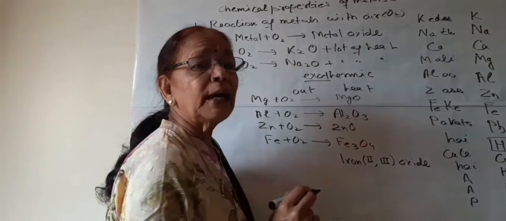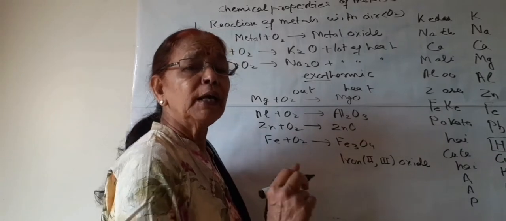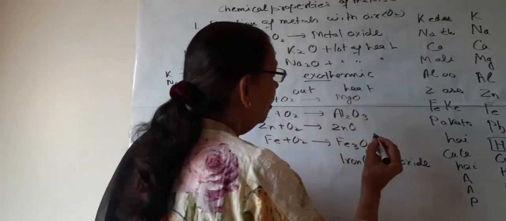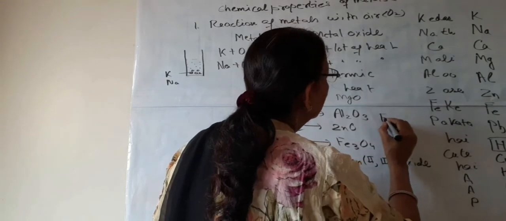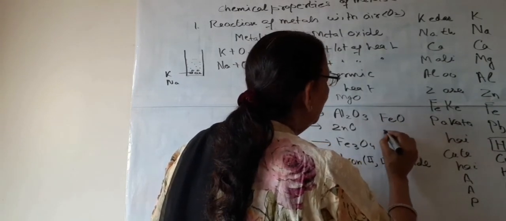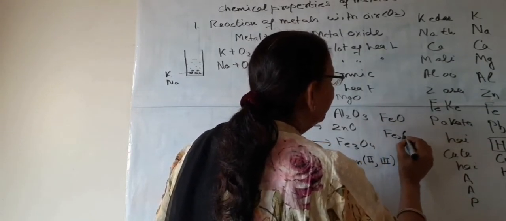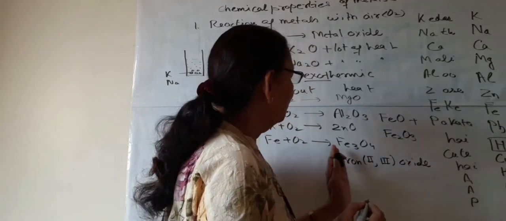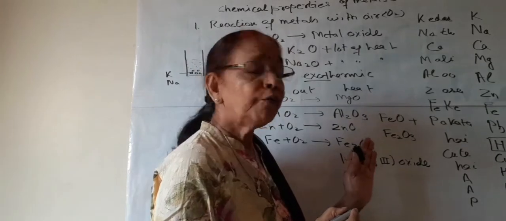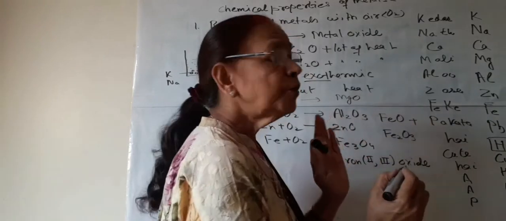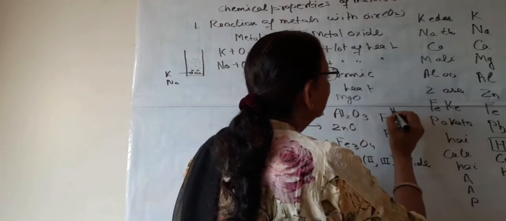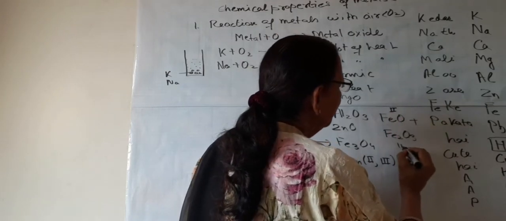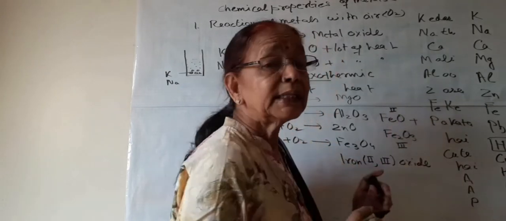This iron oxide Fe3O4 is a mixture of two iron oxides. One is FeO and the other is Fe2O3. Both together form this Fe3O4. Iron has variable valency. Here the valency is 2, here the valency is 3.